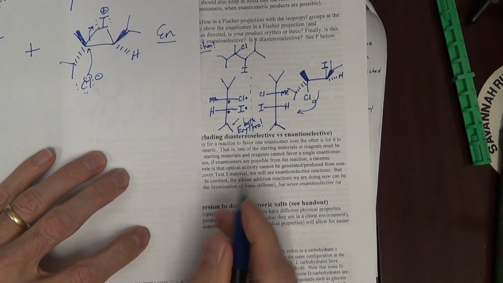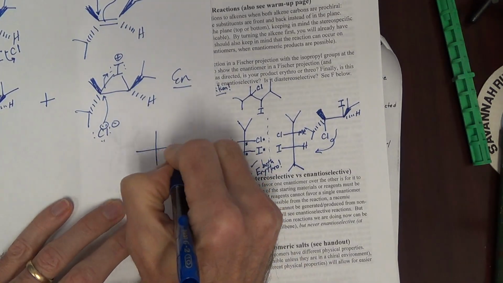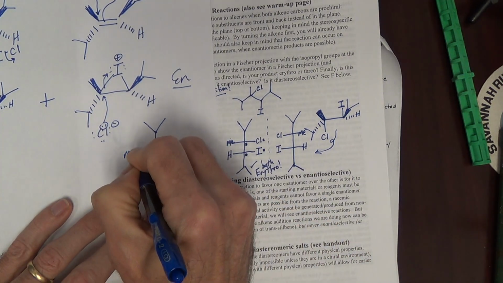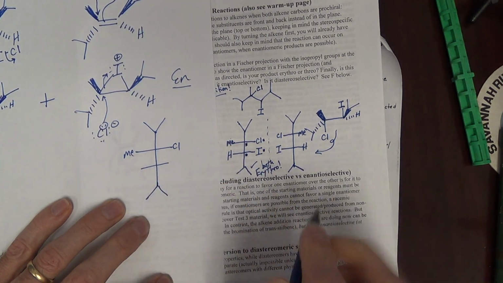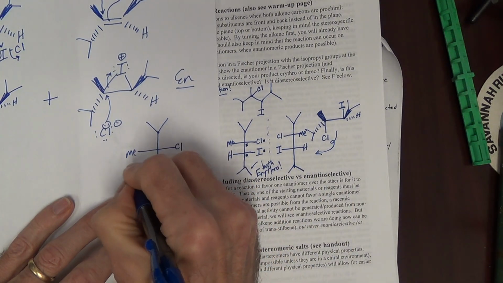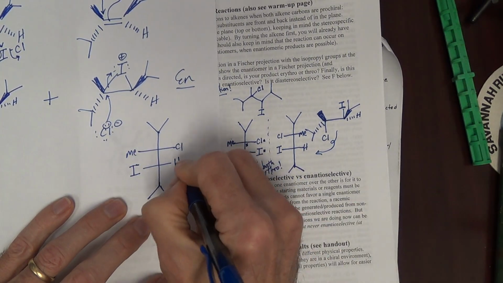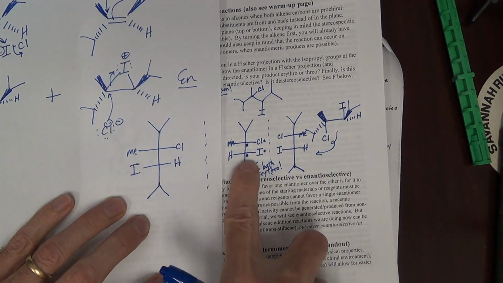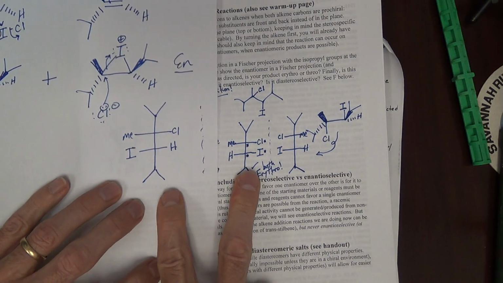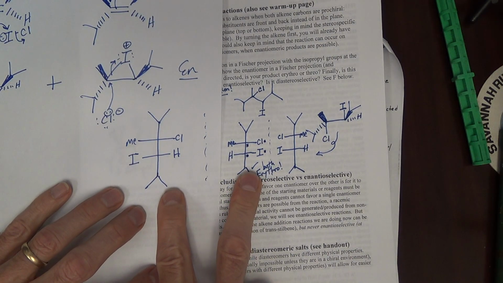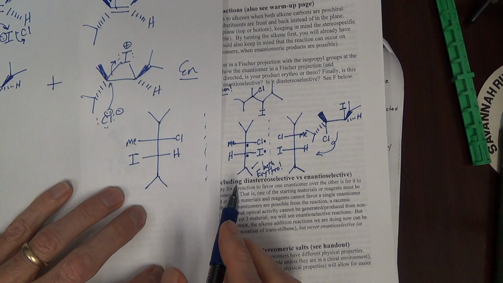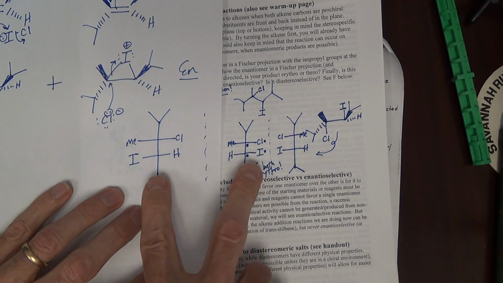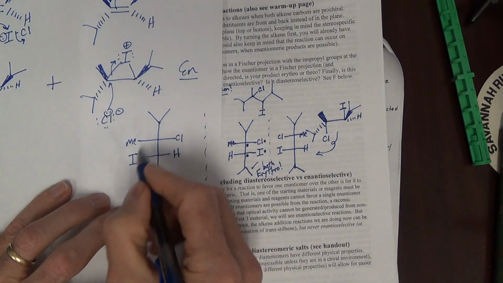Let me draw another stereoisomer here. What if I drew methyl, chlorine, isopropyl like this, but just put the iodine here and the H here? Okay? Are these two mirroring each other? No, they're not. Well, first off, is this erythro or threo?